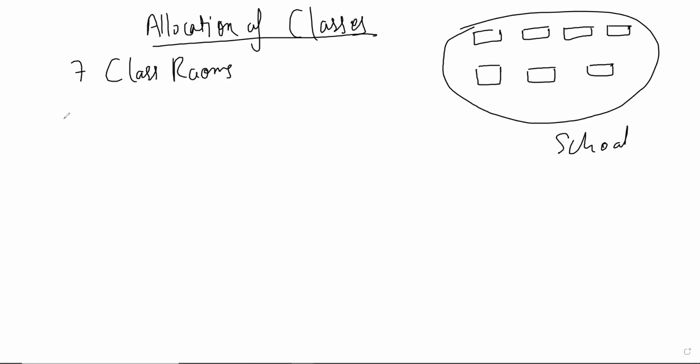Now there are some classes running. Let's say 10 classes. Let's not go so high. Let's say 5 classes, 5 classes running.